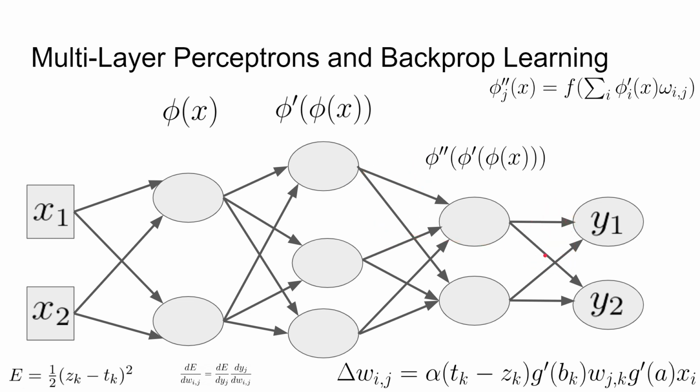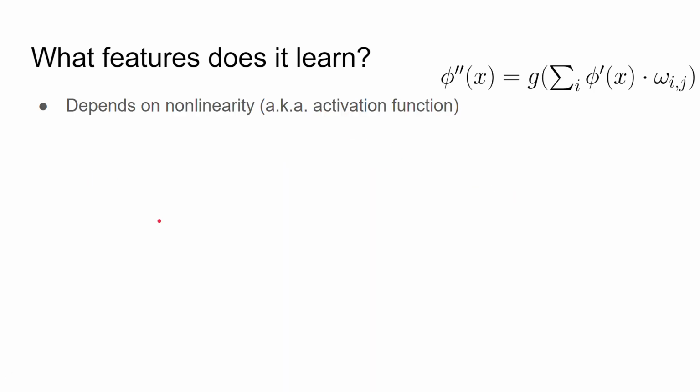But it's got this nice form where whatever error I've learned to compute this, I can use parts of that same math when I'm computing this layer, and I can use parts of that same math when I'm computing this layer, and so on. And so I can start at this end, compute and update my weights, and then reuse a lot of those calculations as I propagate that error backwards.